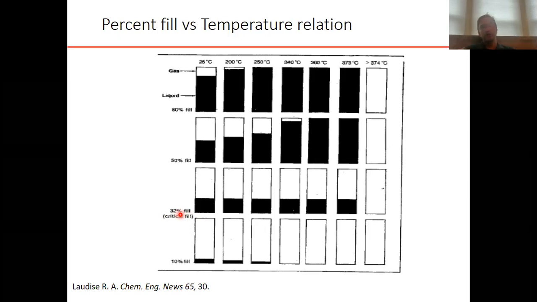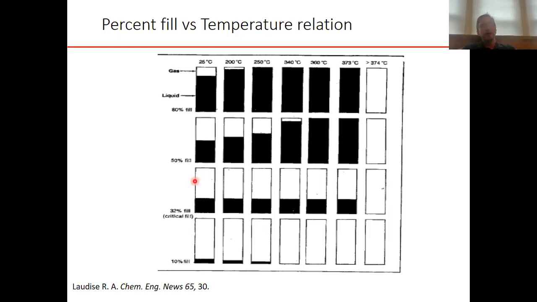I have mentioned thus far only one. As you increase the temperature, there is thermal expansion of the liquid, and that tends to increase the volume of the liquid. However, there's also another effect, which is that there's more vapor pressure at higher temperature, and for that reason, more water molecules tend to go into the gas phase when you increase the temperature. And these two effects actually oppose each other.